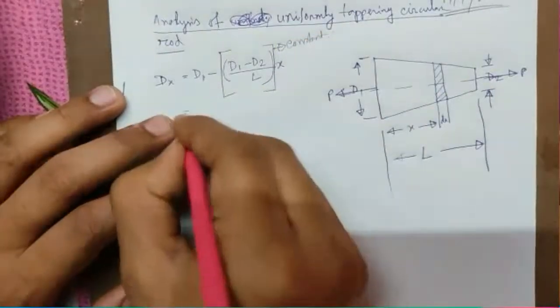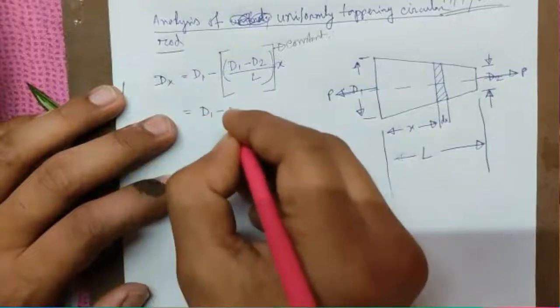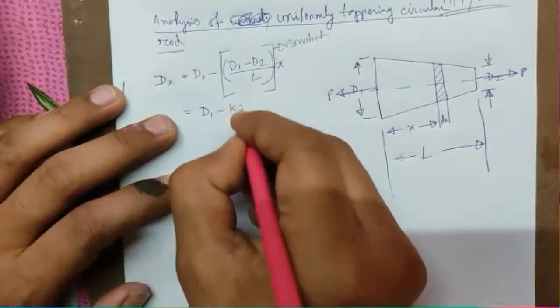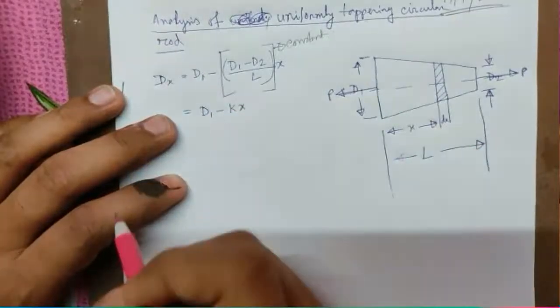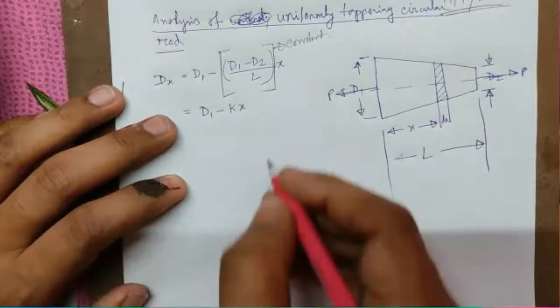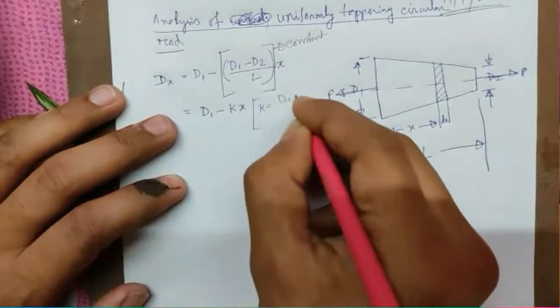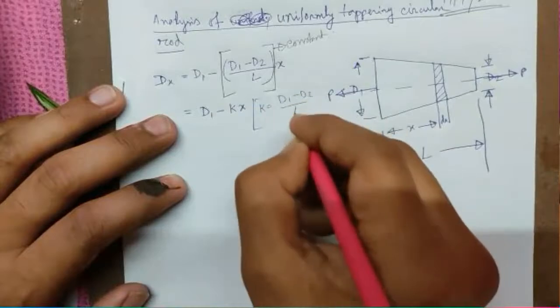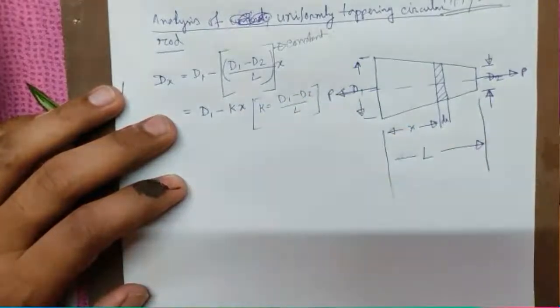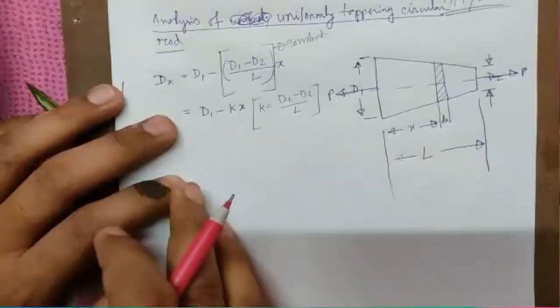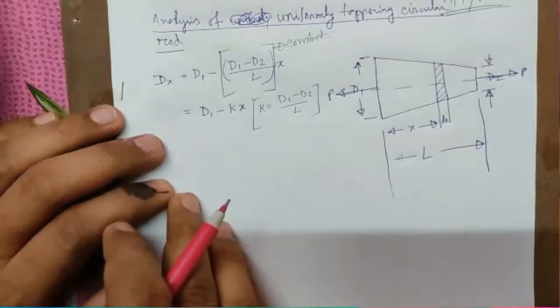So we can write d1 minus kx, where k is a constant. So we can write k is d1 minus d2 by L. Now we have known the diameter at position x.